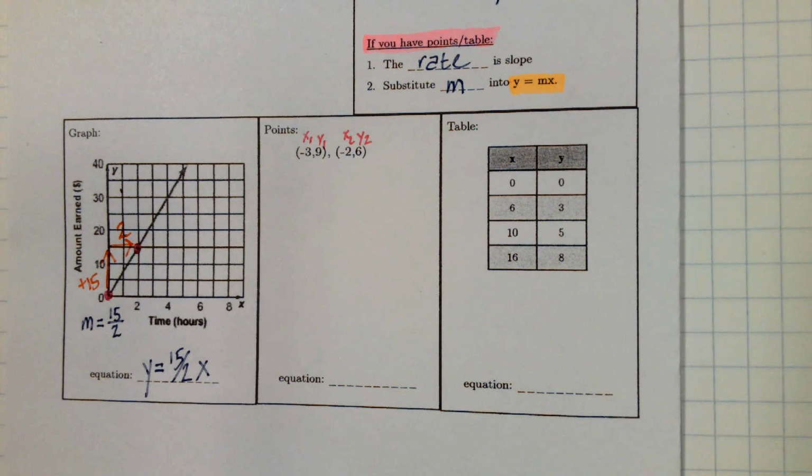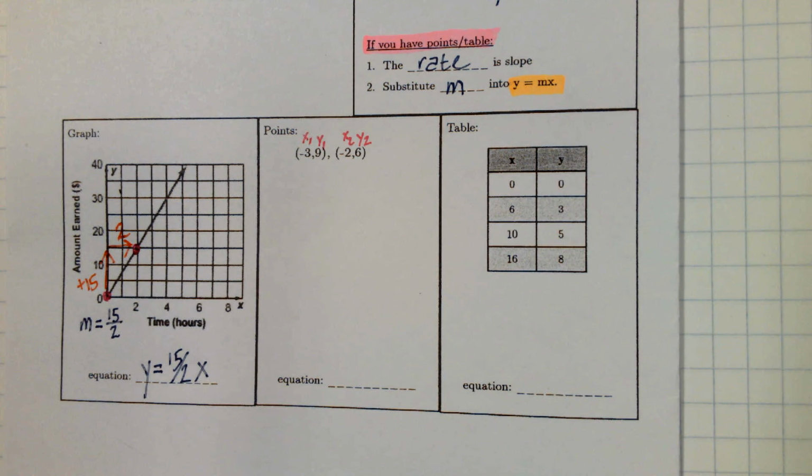Okay, so we'll call this x1 and y1, and x2 and y2. Okay. Now, I'll let you decide. Do you guys want to do this using the slope formula or kind of setting it up as a table? Slope formula, let's do it.